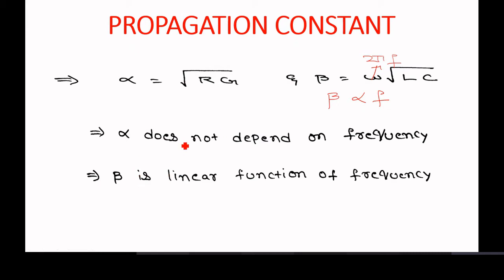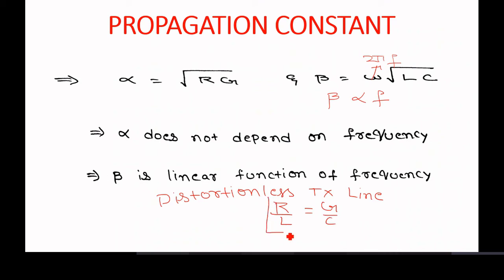As these two conditions are satisfied, we can call this a distortionless transmission line. The above conditions we are satisfying by making the assumption R by L is equal to G by C. This is possible only if you take R by L is equal to G by C. So for a distortionless transmission line, R by L is equal to G by C. That means alpha doesn't depend on frequency, whereas beta is a linear function of frequency.